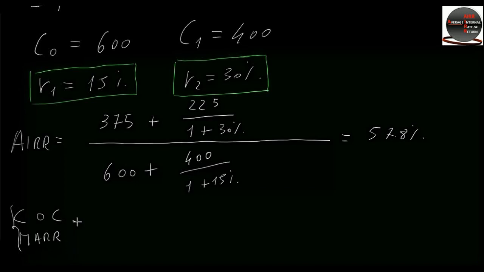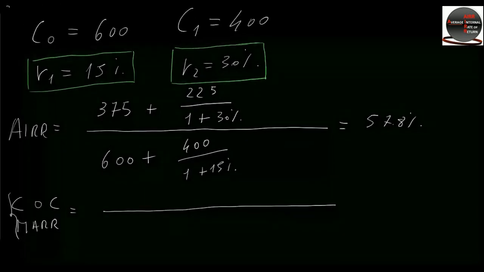And it should be evident that the same formula is helpful to compute the cost of capital, or minimum attractive rate of return. We only have to replace the project income with the market returns. Market returns are rather easy to compute, because if we invested 600 in the market, we would get 15% on that 600.